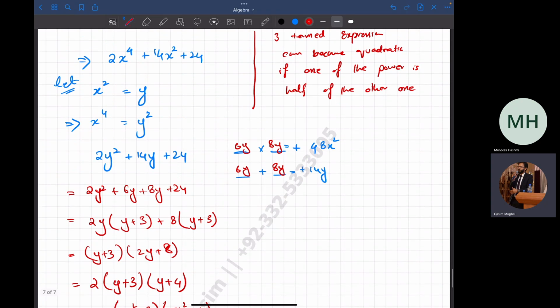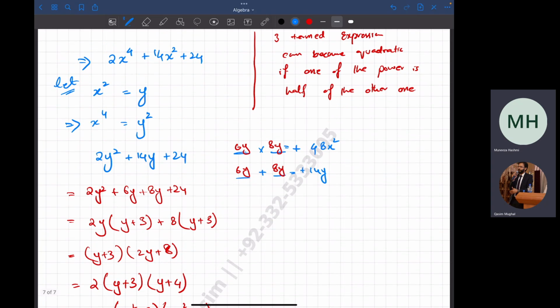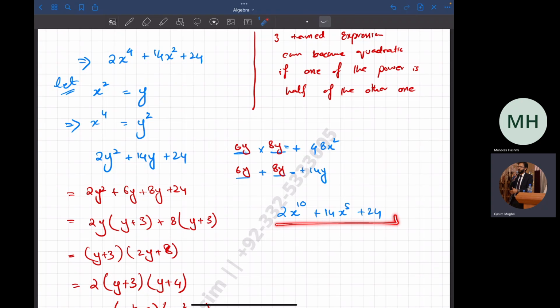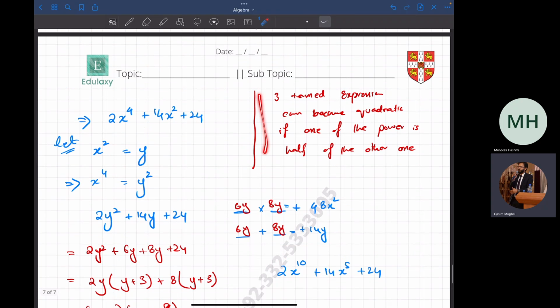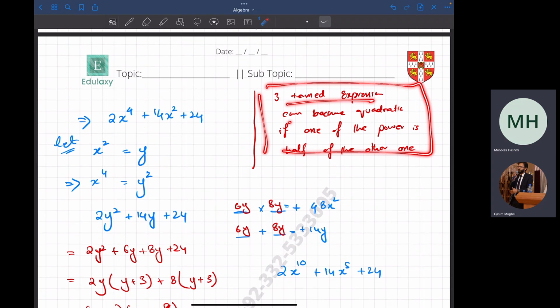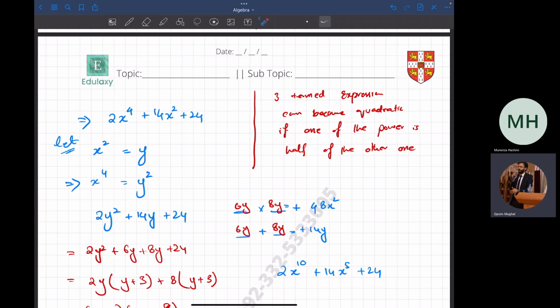All right. Now, for example, if the same question was 2x to the power 10 plus 14x to the power 5 plus 24. It doesn't look quadratic, but if you follow this, any three-termed expression can become a quadratic if one of the powers is half of the other one.